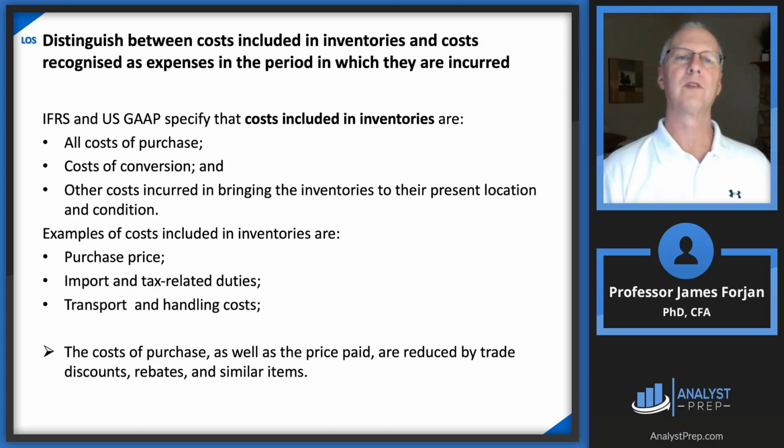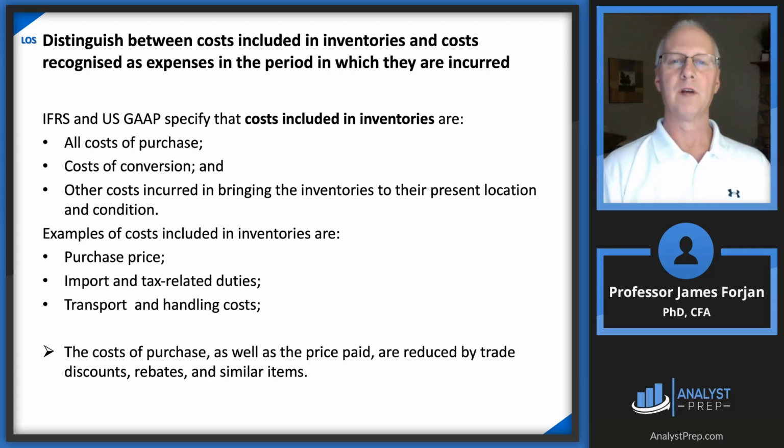First LOS asks us to distinguish between costs of inventories and costs recognized as expenses. And so before I get into the details of this LOS, let me just have you envision in your mind a giant motorcycle factory. I live near one of the Harley-Davidson plants. I want you to think about the building. I want you to think about the metal stamping machines inside of the building.